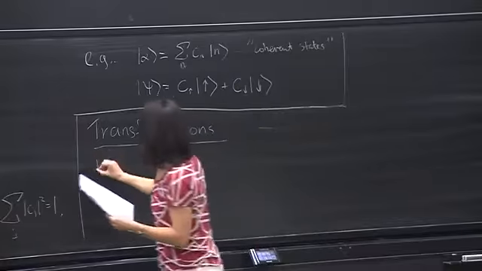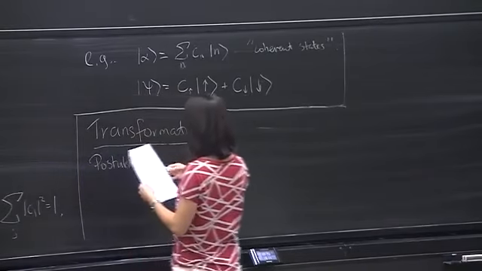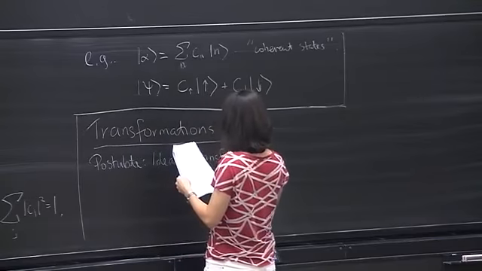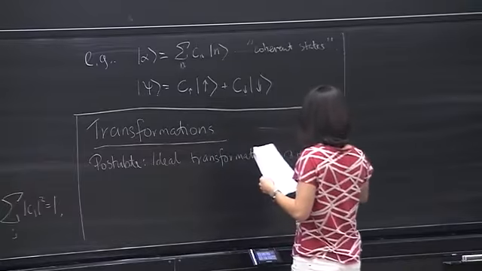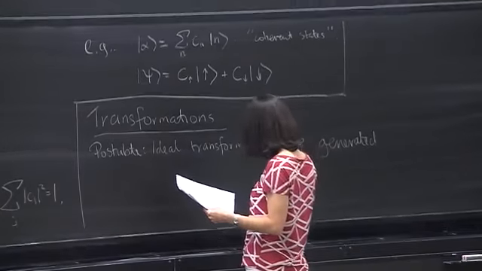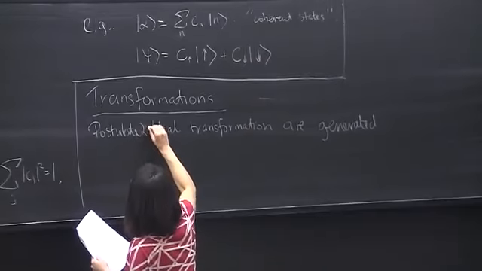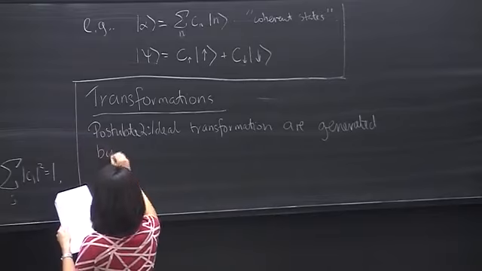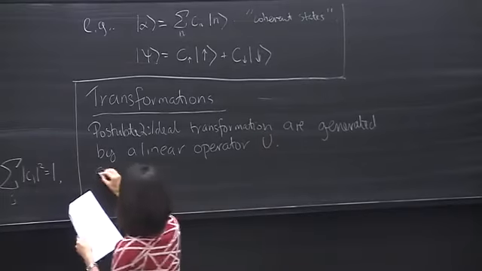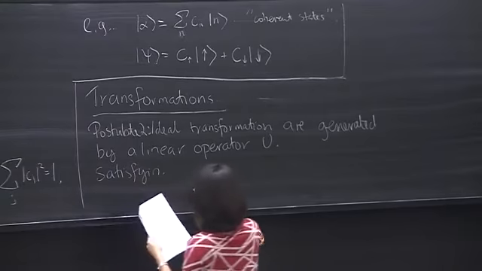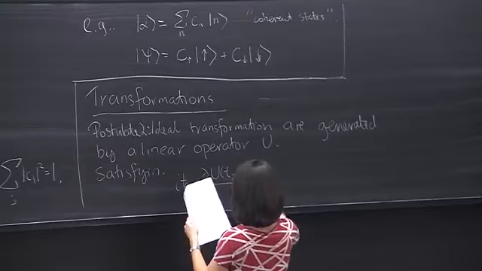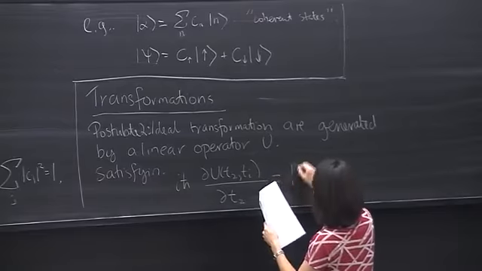So the second postulate, which will also not be surprising to you, is that ideal transformations are generated by a linear operator U satisfying something like the Schrödinger equation, but for the operator.